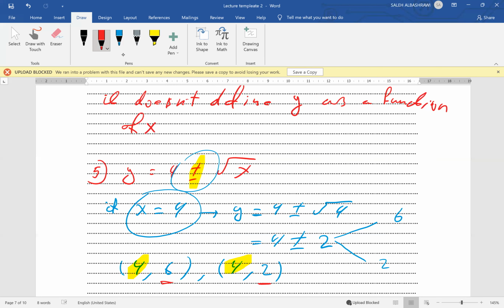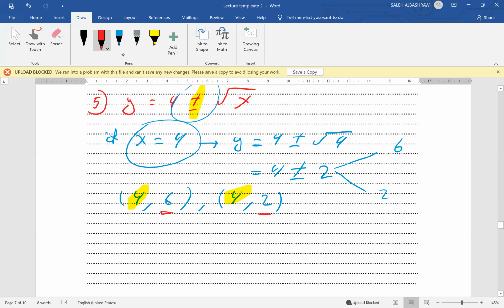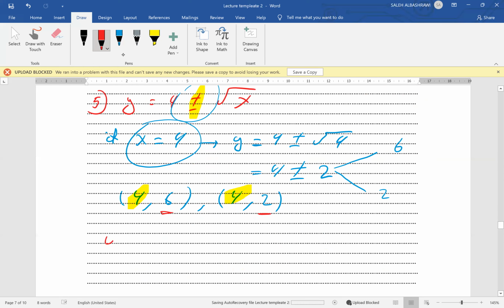So two ordered pairs with repeated x coordinate but different y coordinate. This is not a function, or you can say it doesn't define y as a function of x.